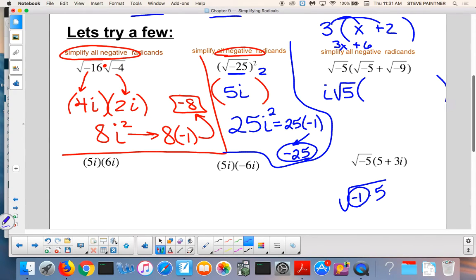Same thing here: the square root of negative 9 is not 3 root, it's 3i. Well, look, Jade, watch. Isn't this just negative 1 times 9? So that's 3, that's I, 3i.